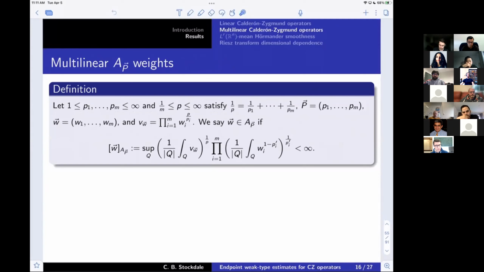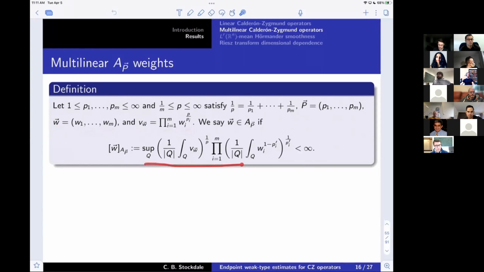And it turns out that the correct assumption to put on your weights is this multilinear A_p condition. So this w with a vector is a tuple of weights, all positive almost everywhere locally integrable functions. This v_w is a product of the weights to a certain power.